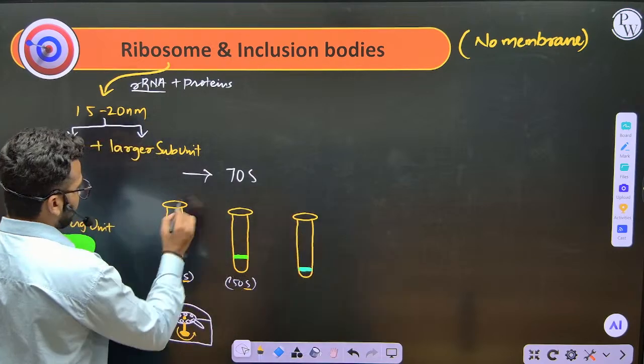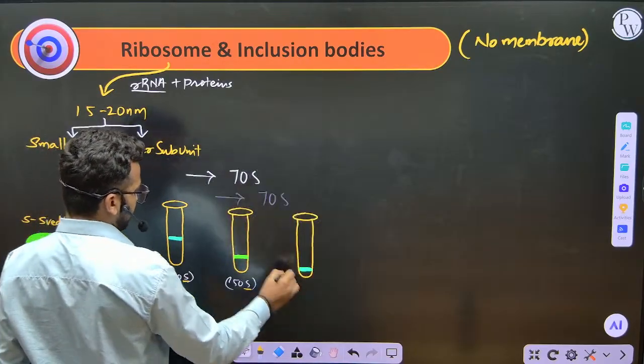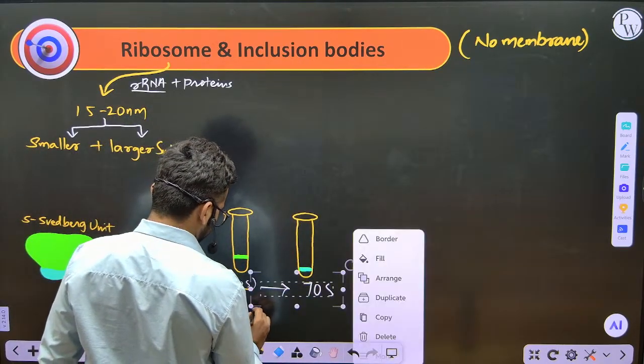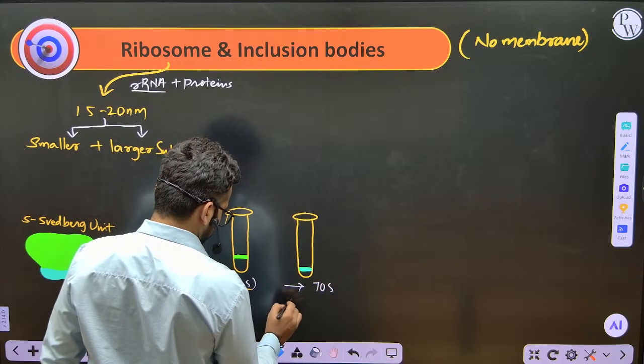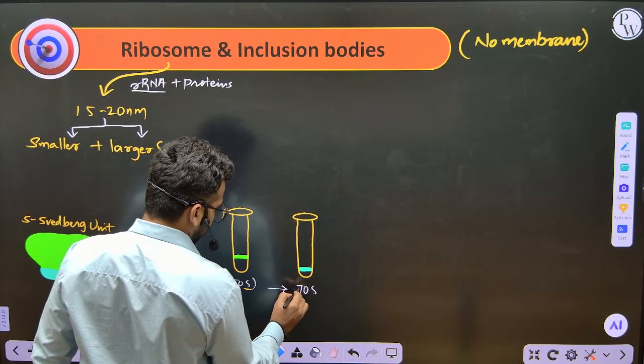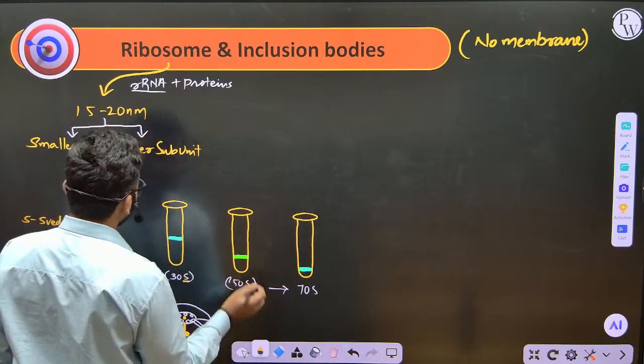When you measure them together, we get 70S here. This is the density gradient.